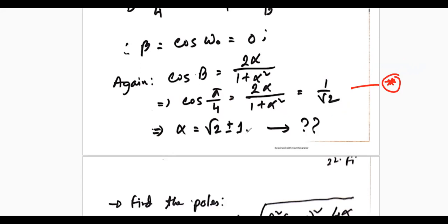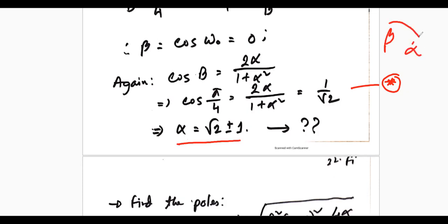Now we have two values, root 2 plus minus 1, and which one should we take for finding the pole? This is only the alpha. This is not the pole location. Try to understand that we have two factors, one is beta and another is alpha.